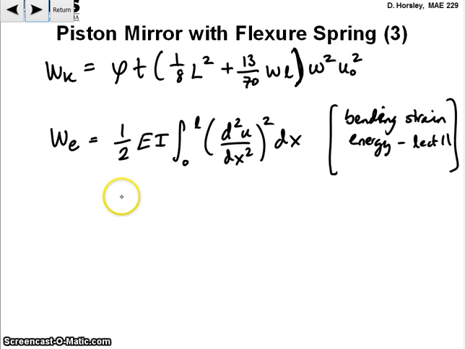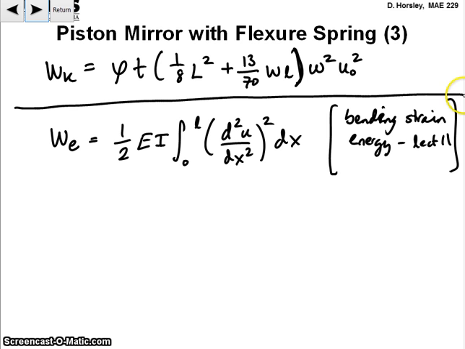So we know that the bending strain energy is the square of the curvature integrated over the length of the beam multiplied by 1/2 EI. And when we do that calculation, we end up with WE equal to 6 U naught squared times EI over L cubed.